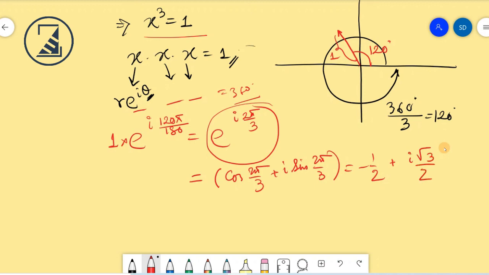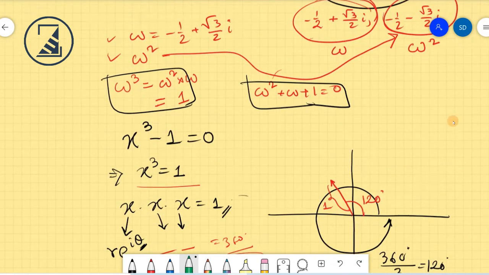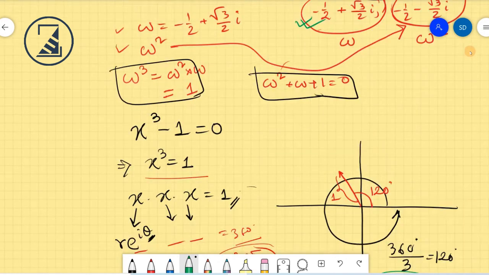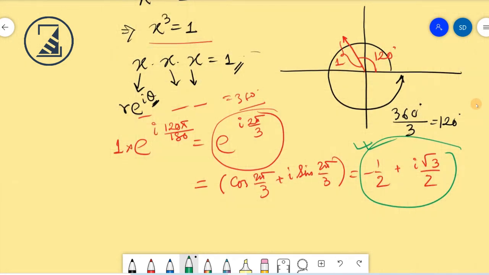So this is exactly equal to the solution that we got here. So I have found one solution. Okay, how to find the other solution? Well, we have to take the angle clockwise.